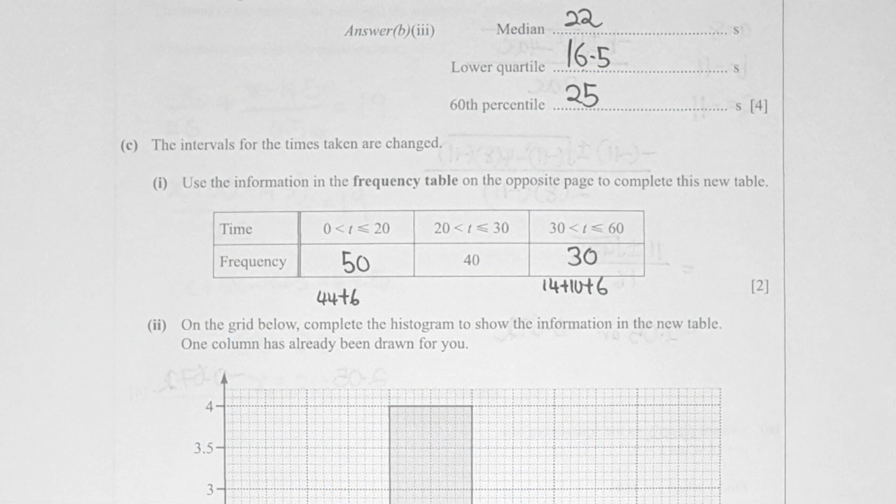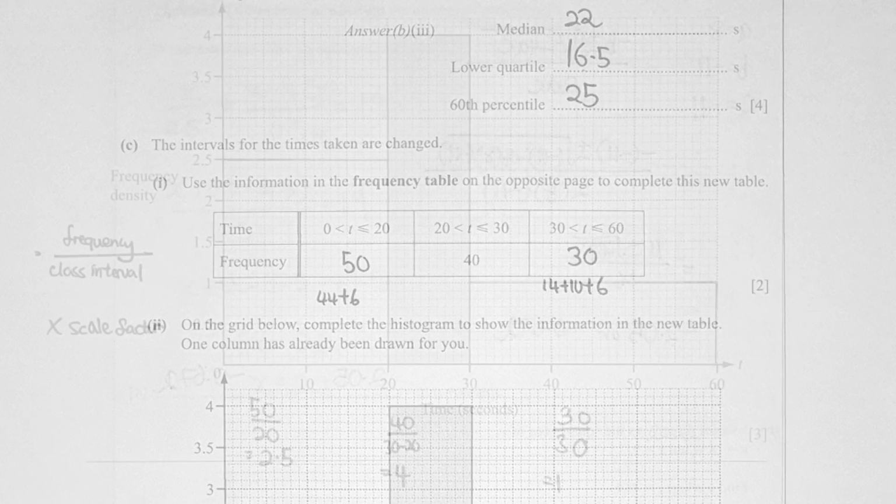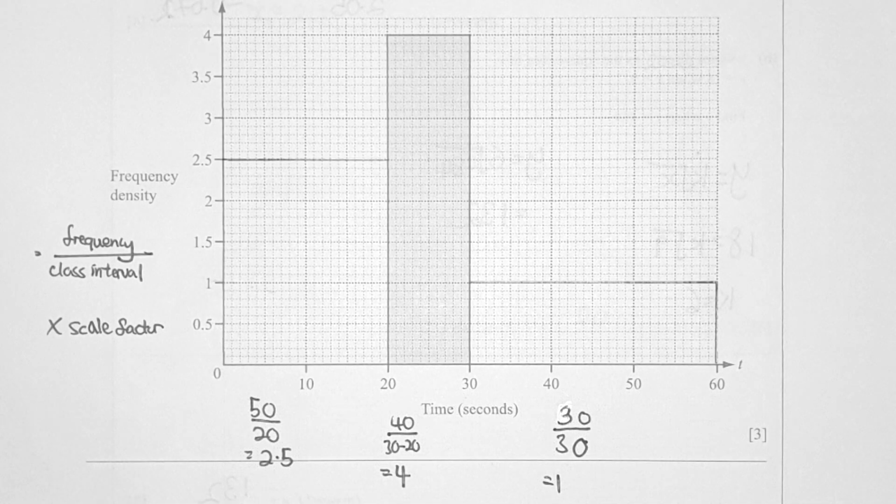At part C, use the information in the frequency table and draw the frequency density diagram. For the group between 0 to 20, the frequency is actually 50, and for the group 30 to 60 it is actually 30. Use the group of 20 to 30.